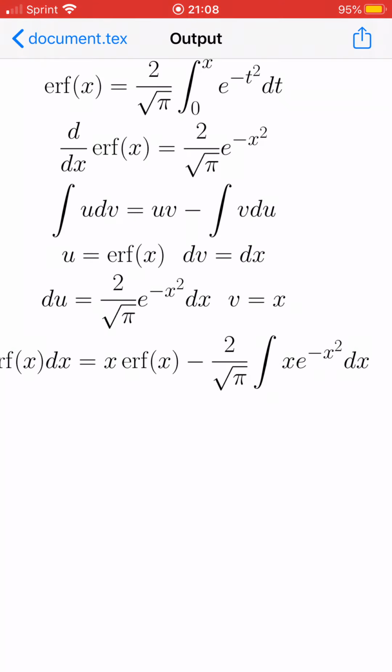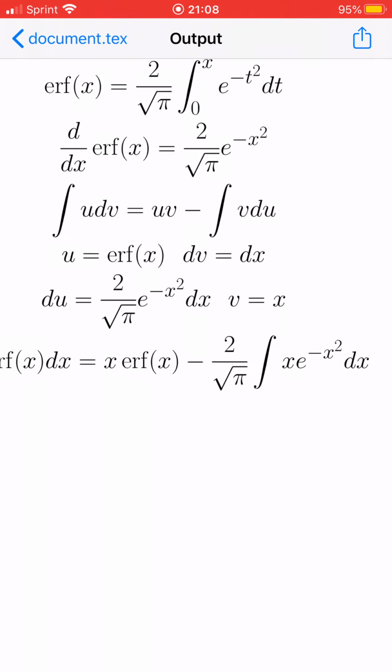The dy is equal to negative 2x dx, so after substituting y equals negative x squared, this negative 2 over square root of pi times the integral of x times e to the negative x squared dx would be equal to plus 1 over square root of pi times the integral of e to y dy.